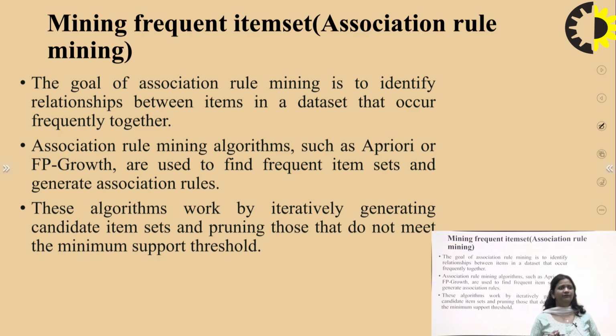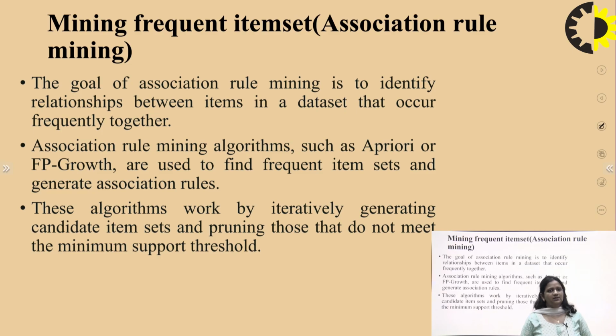The items that occur frequently are used to find association rules. Algorithms such as Apriori or FP-growth are used to find the frequent item sets and also generate the rules.